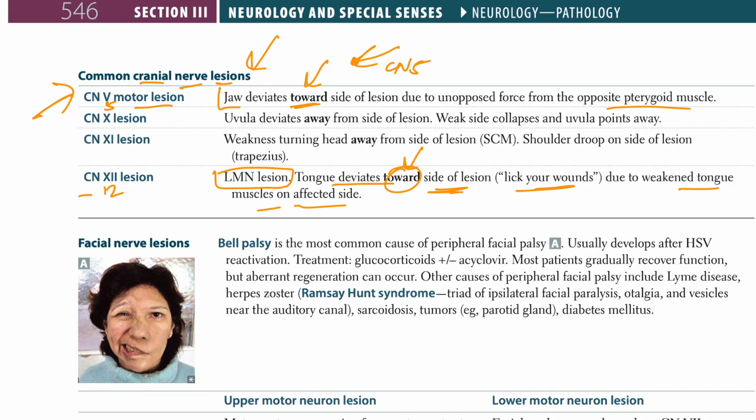The tongue would deviate toward the lesion. So the mnemonic is lick your wounds. You are going towards the wound side, right? So you have a lesion to that side, that's the wound, so you're licking that side. You're deviating towards the side of the lesion. Why? Because you have weak tongue muscles on the affected side.